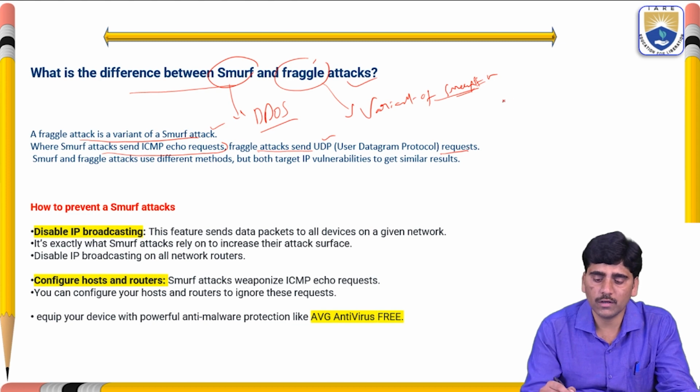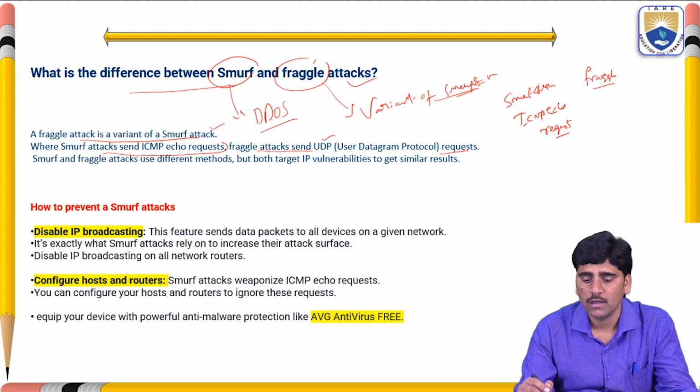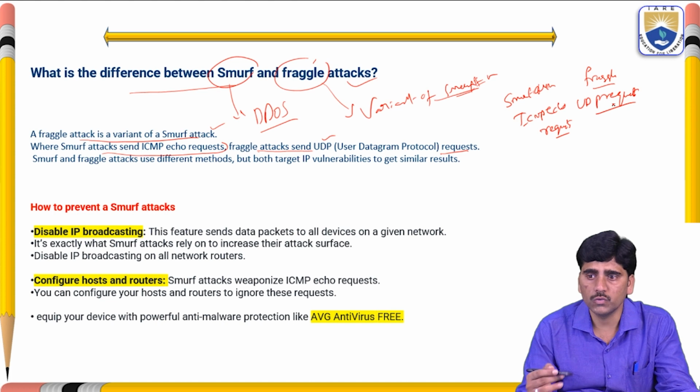The only difference is that Smurf attacks send ICMP echo requests, but Fraggle attacks are one type of variant, and those send UDP, User Datagram Protocol, requests.